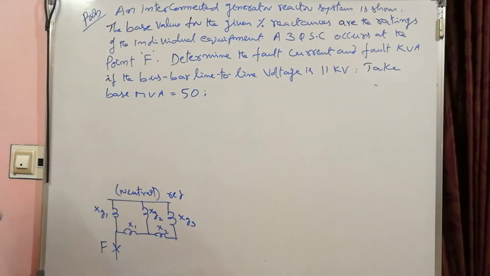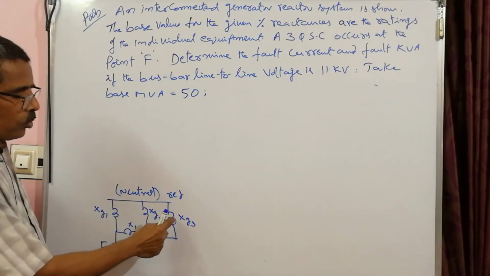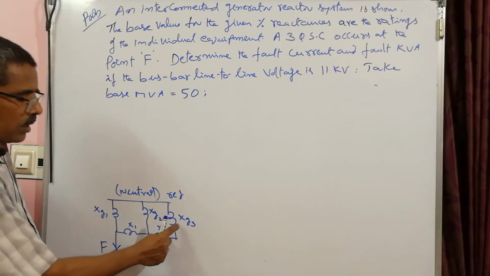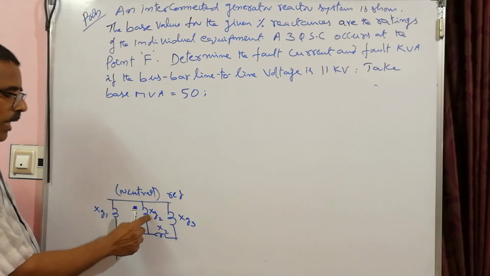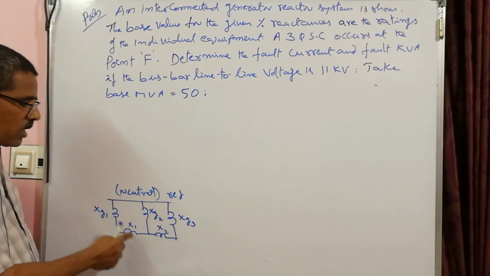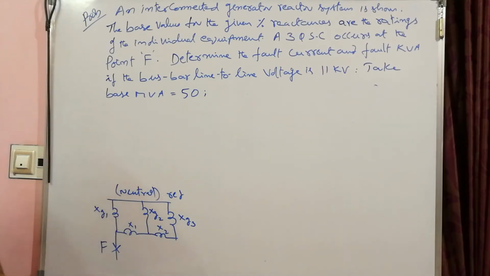So if you reduce this, what you need to do? These two are in series. That will be in parallel with this. Again that is in series with this. And this is in parallel with this. So I will be drawing that.